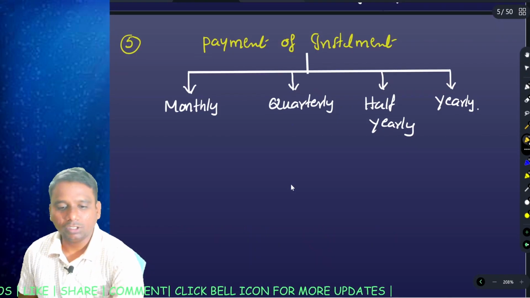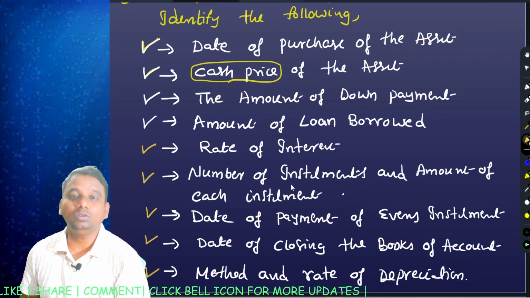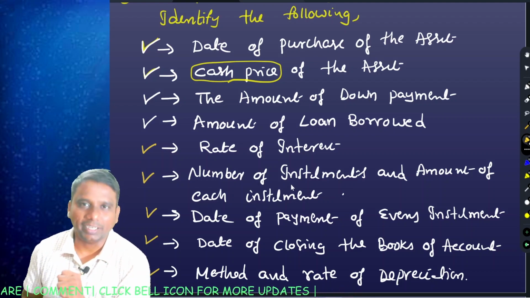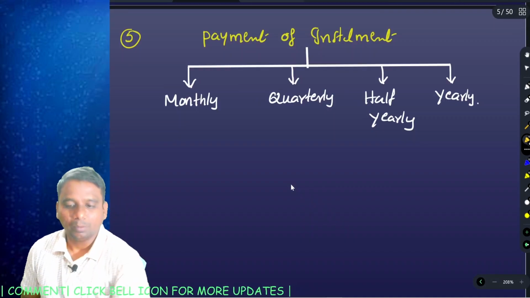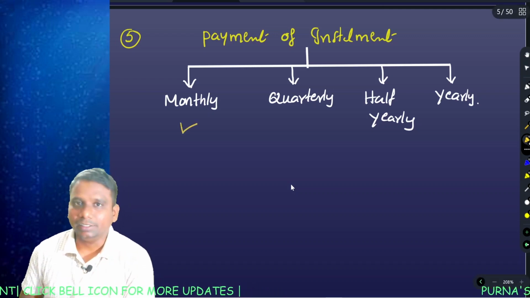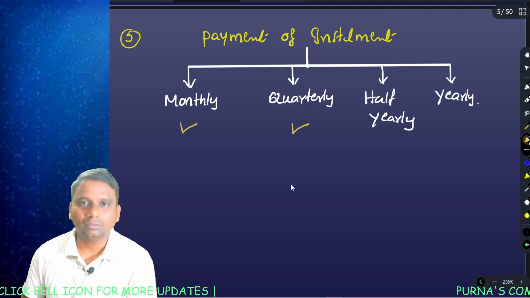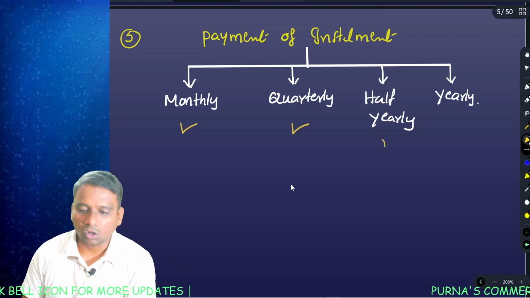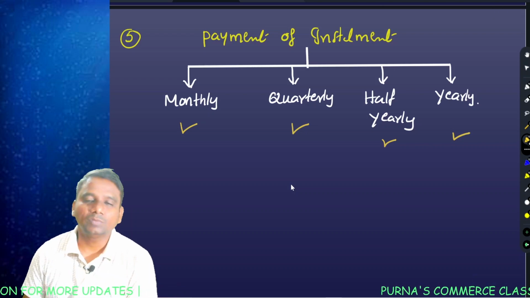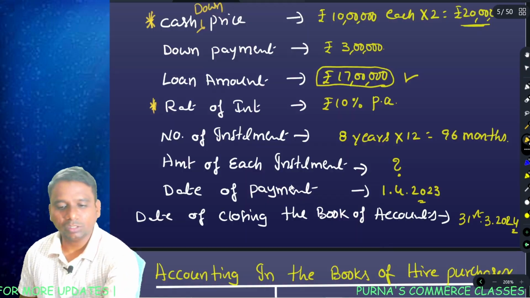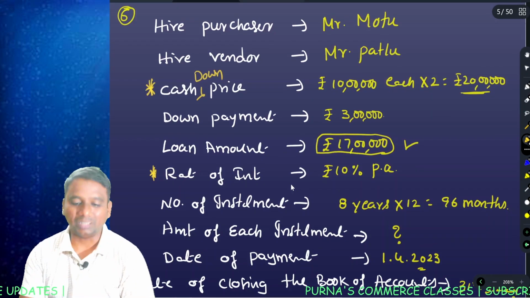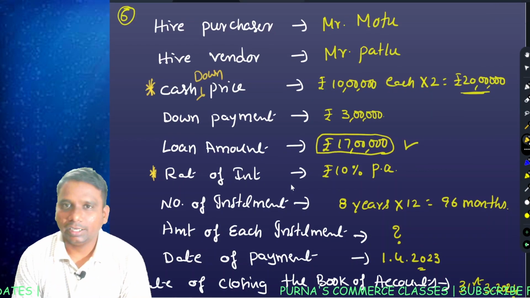Next, after knowing all these things, then only we enter the transactions in the books of accounts. Okay. Next, payment of installment. The installment may be paid either monthly or quarterly, once in 3 months, or half yearly or yearly also. Understood everybody? Here Mr. Motu agreed to pay the amount monthly. Clear everybody?